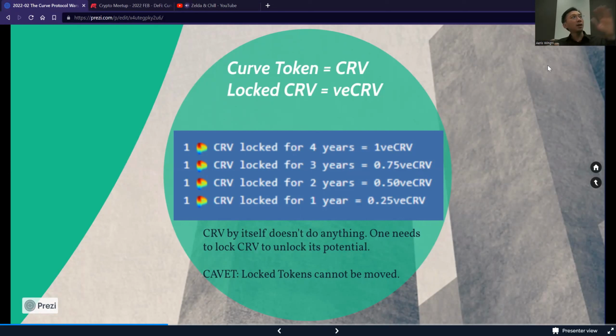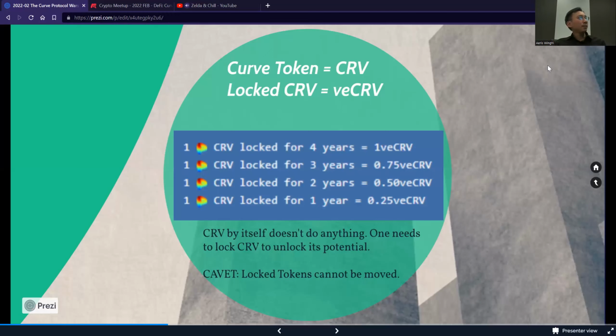If you want to get a certain amount of VECRV, you have to lock your CRV tokens for an X amount of time. Most people lock it for 4 years. Because you lock it for 4 years, you can't sell it, and because you can't sell it, there's a lot less CRV on the market over time.